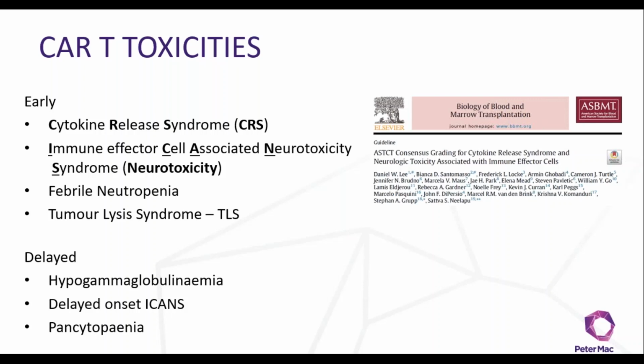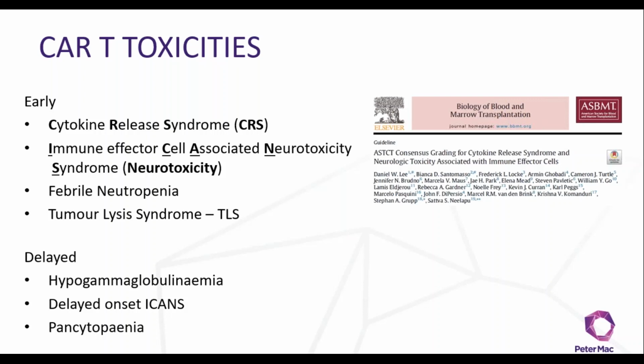So despite CD19 not being a target on the bone marrow, these patients for some reason can have significant cytopenias up to 12 months after their infusions. So requiring platelet support, requiring GCSF support, or less commonly blood transfusions.